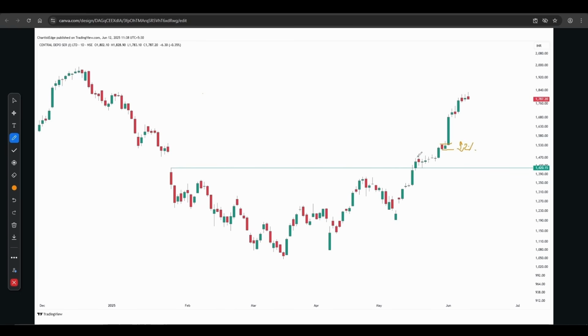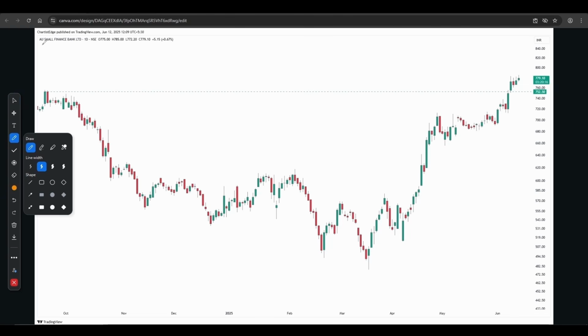Now the criteria that we want have been fulfilled and you can look for an opportunity in this type of contraction structure. If the price structure has not fulfilled our criteria, then no matter what kind of contraction we see, they will automatically get deleted from our watch list, because if our criteria are not being fulfilled, then the chances of the setup failing will significantly increase. So let us move on.